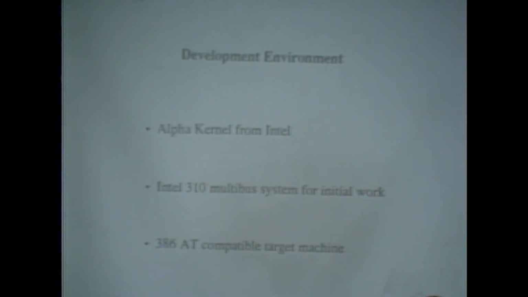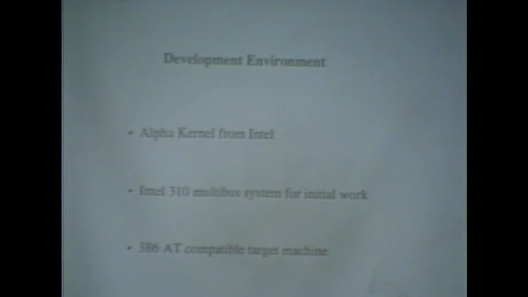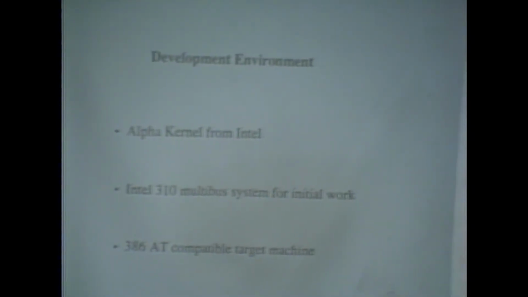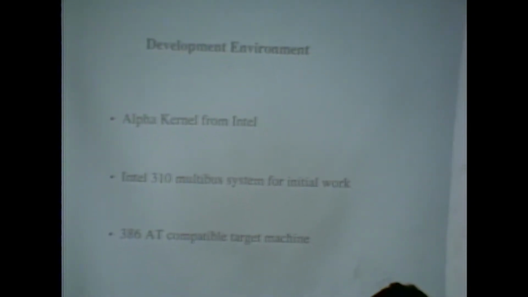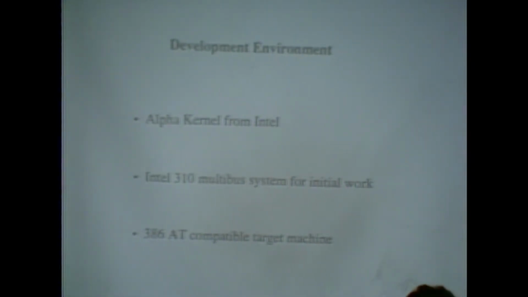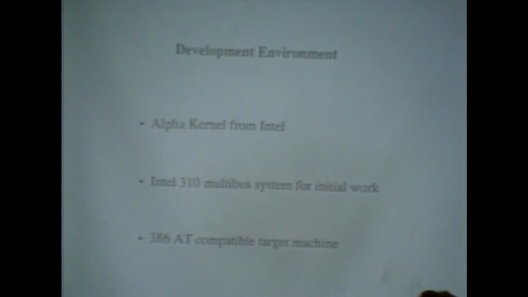The development environment for the task, we actually started with an early release of a kernel, an alpha port of the kernel. There was some functionality not available that influenced some of the choices we made in our implementation. This is, like I said, System V Release 3 as ported to the 386 system and actually ported by Interactive Systems Corporation.